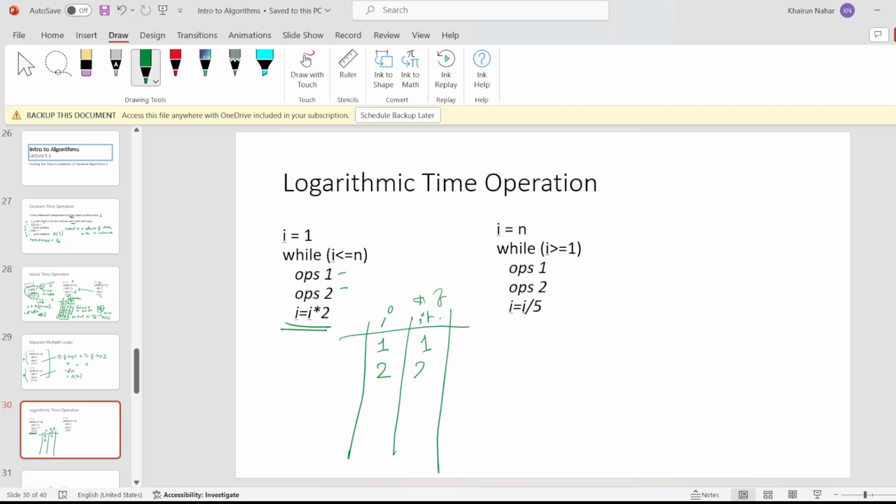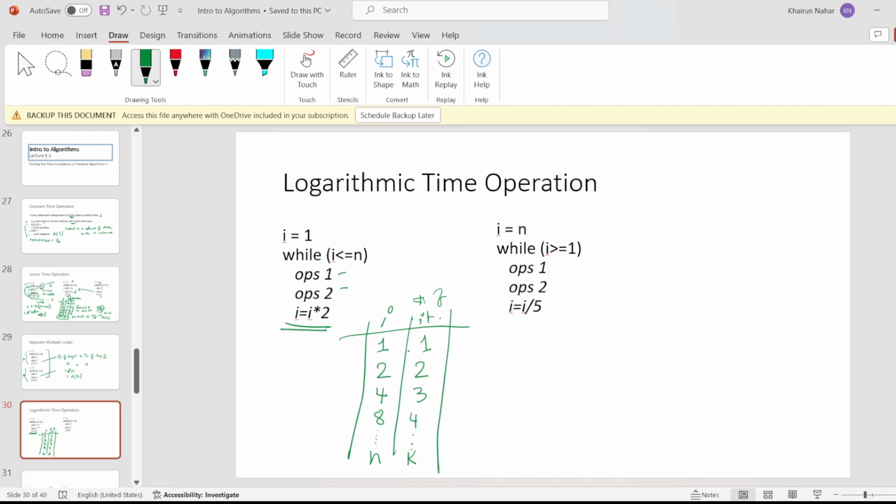So this is my second iteration. I becomes 4. This is my third iteration. I becomes 8. This is my fourth iteration. And at some step, I will be n, where the iteration will stop. And at that point, the number of iteration will be k. Now we have to find a relationship between n and k.